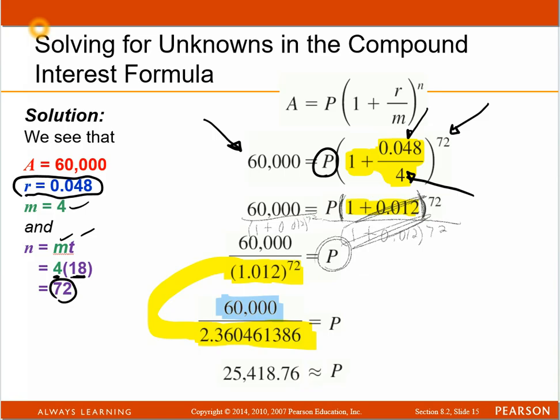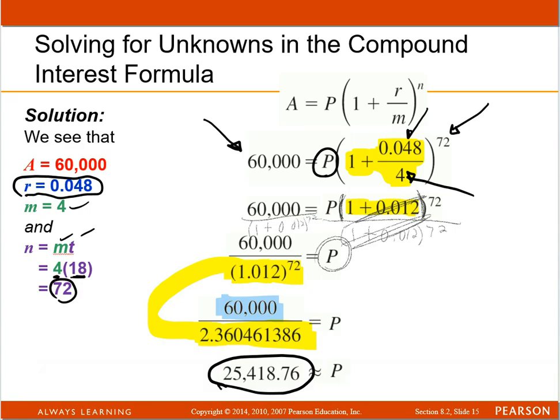That will work. And so to the nearest cent, that's your answer: $25,418.76 is what they would need to deposit right now and leave it there for the next 18 years. Don't touch it. And then when the kid's ready to go to college, they'll have $60,000.